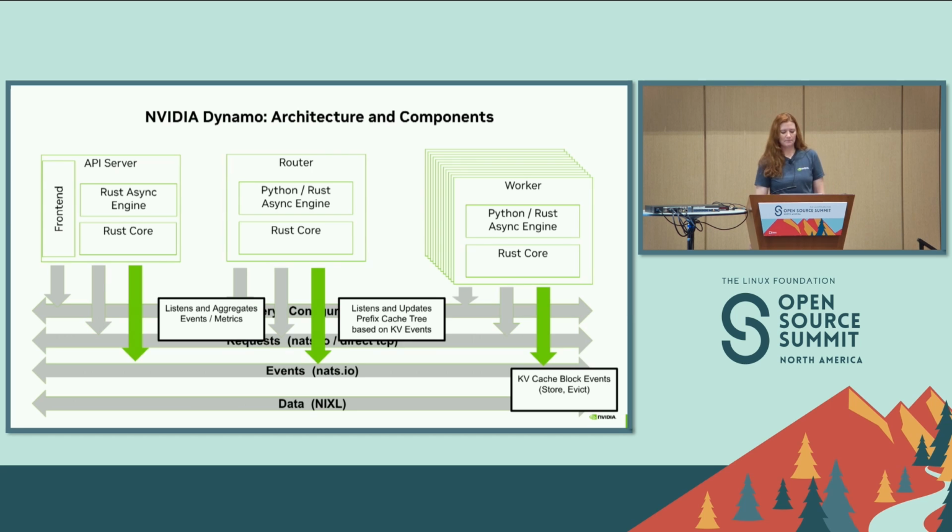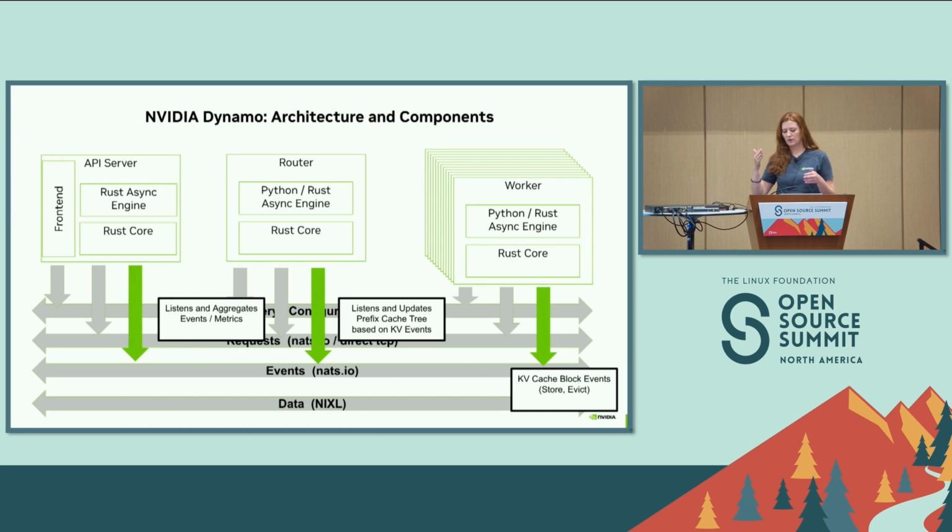Next, the event plane. It's actually a very powerful thing to utilize. Every component in Dynamo can emit an event, and every component in Dynamo can subscribe to listen to those events and do whatever needs to be done when a particular event happens.